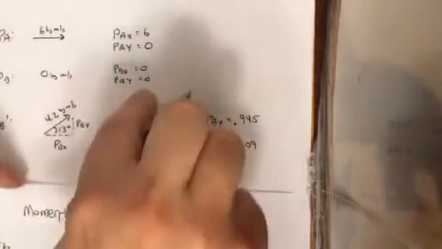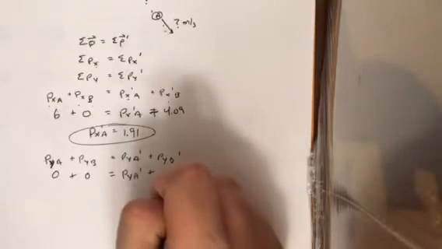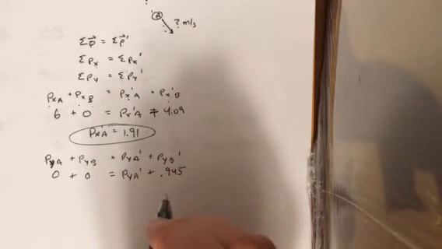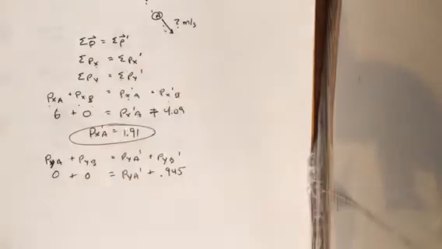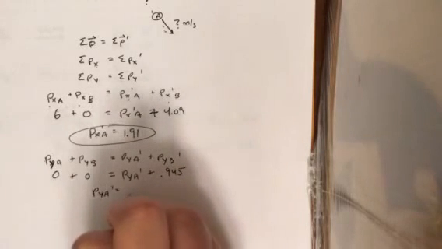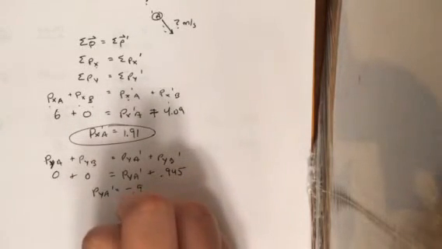PBY was 0. PYA prime we still don't know. PYB prime we said was 0.945. All right. So PYA prime then equals negative 0.945.